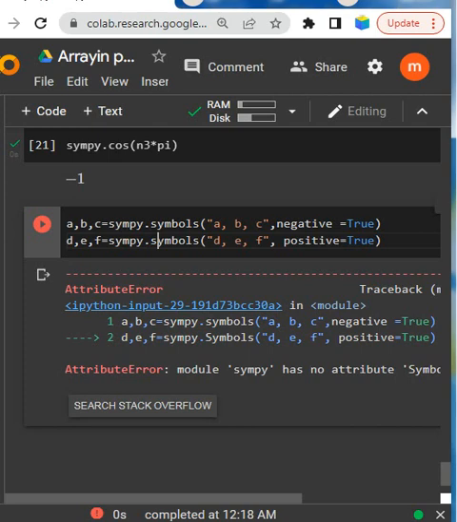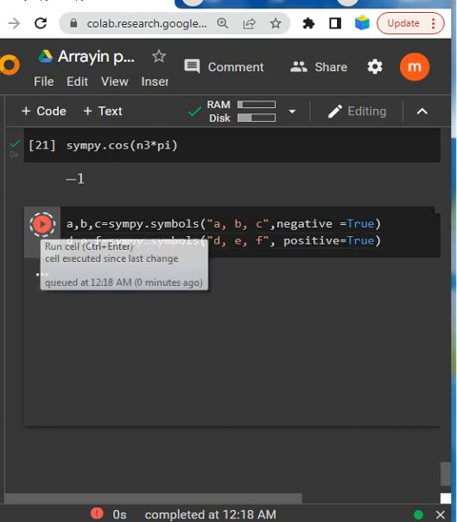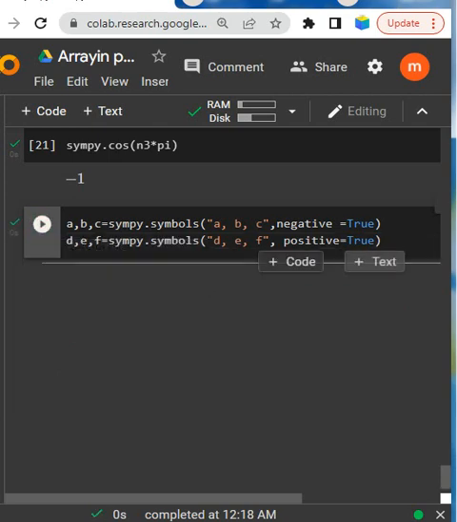These are very simple and basic, so you have to understand that you are doing this type of programming.